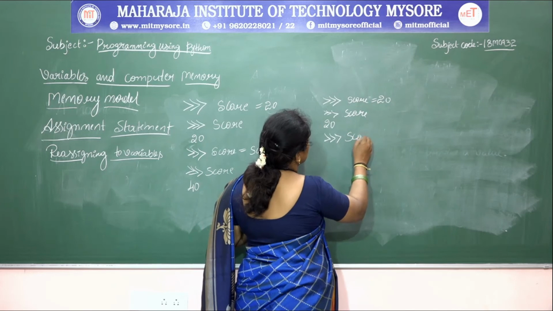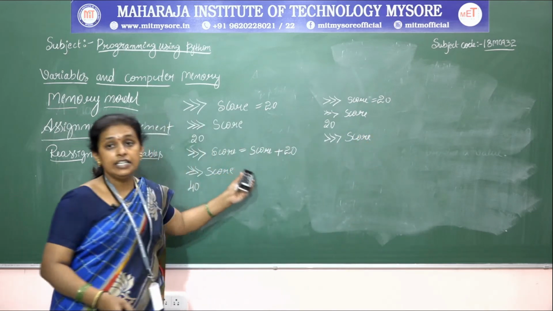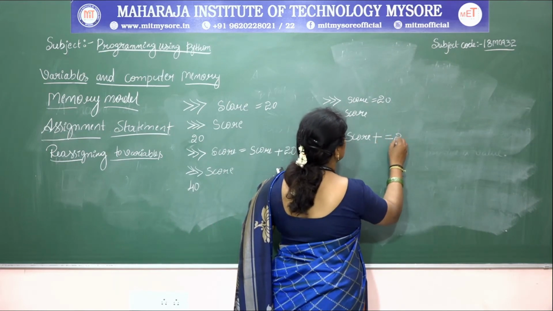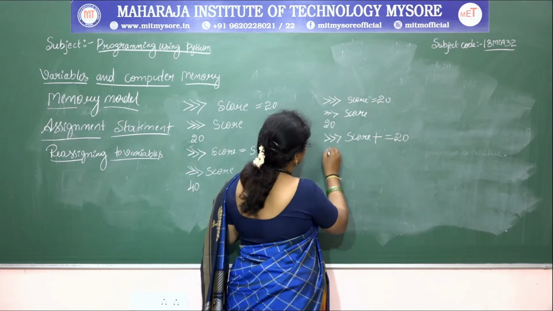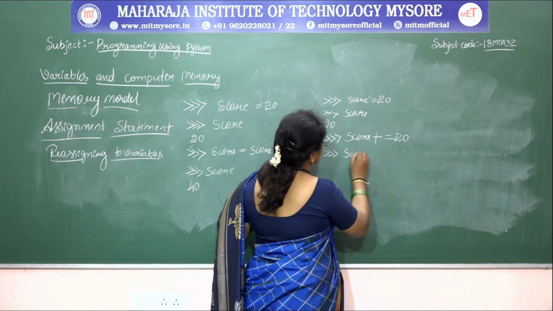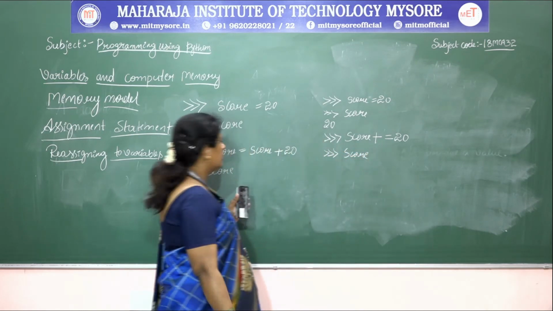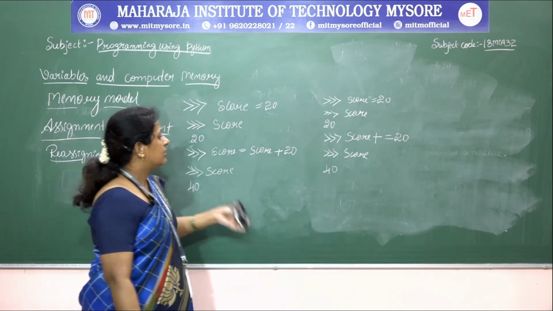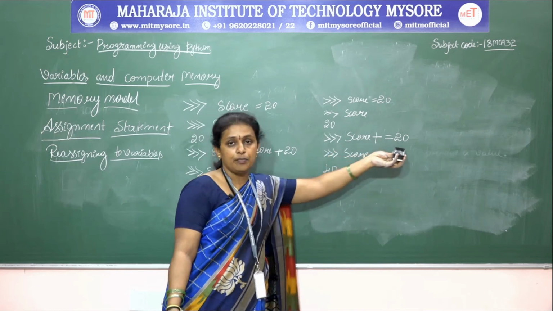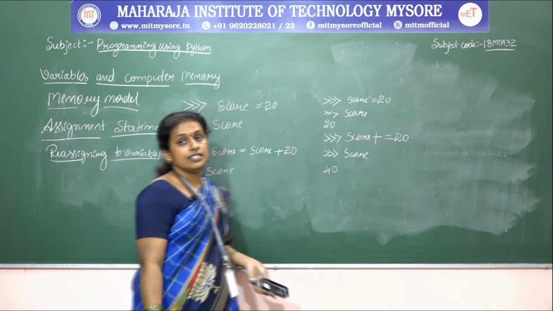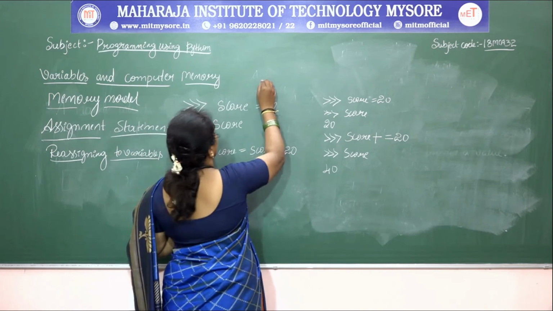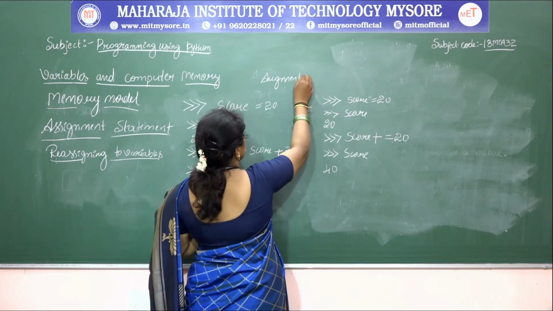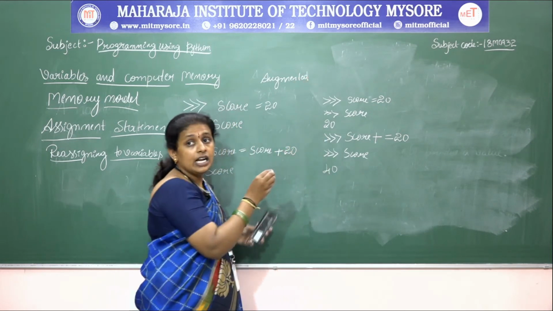Then instead of writing the whole thing, I'm just writing it as score plus equal to 20, then displaying the content. Okay. Writing this type of statement we call an augmented assignment.